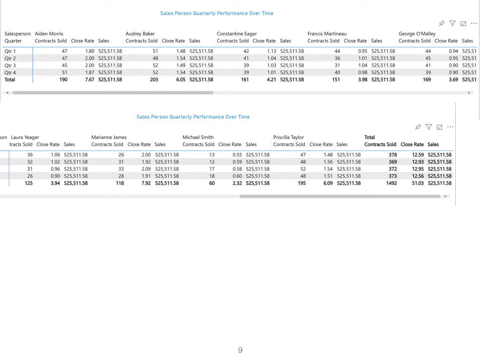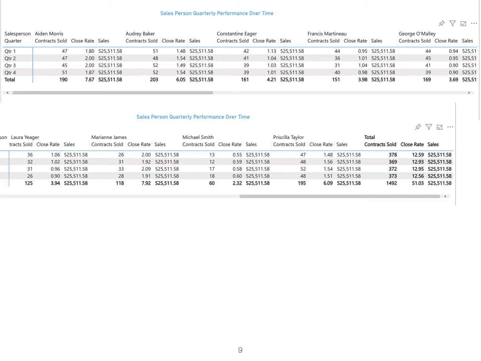It is easy on this matrix to see what amount of contracts was sold by Aiden Morris. He sold 47, at a close rate of 1.8, and his sales amount was 525,000. We can also see what Audrey Baker brought in in terms of contracts sold, close rate, and sales amount.